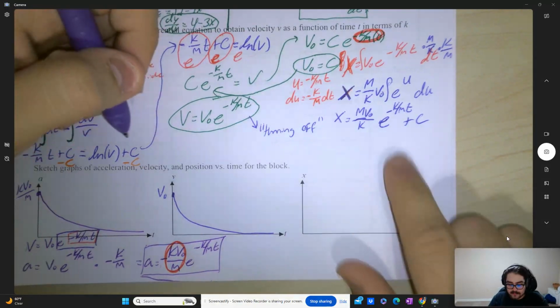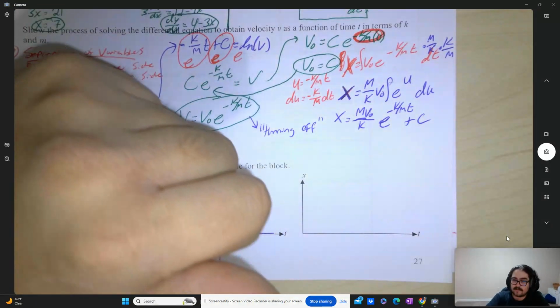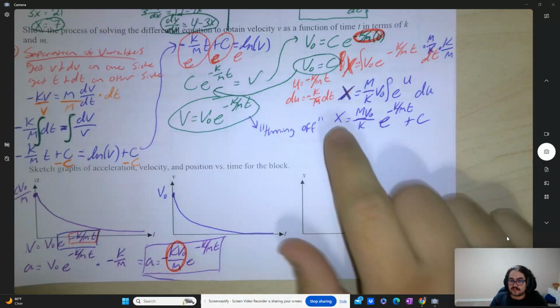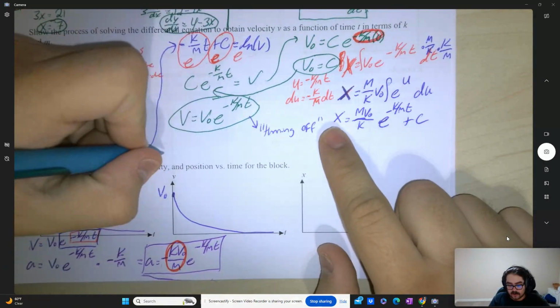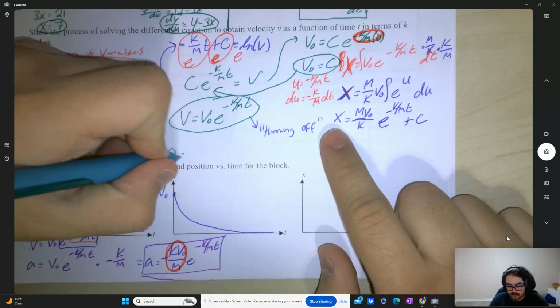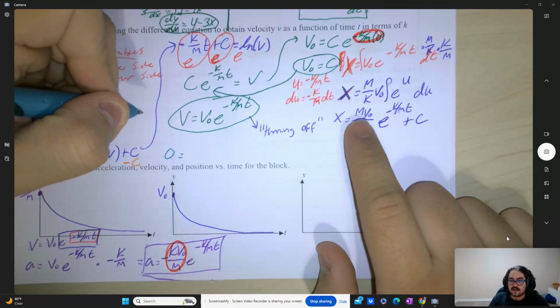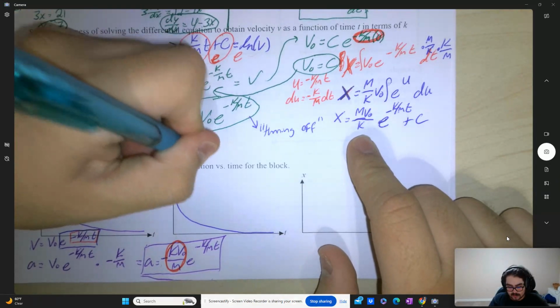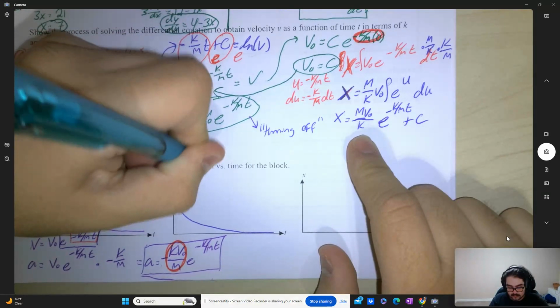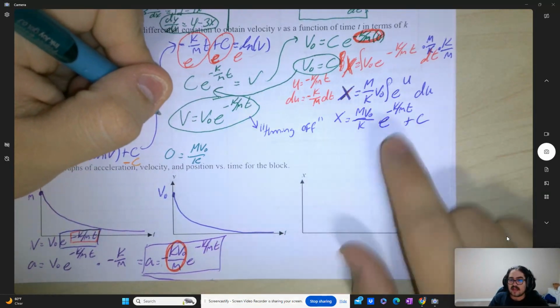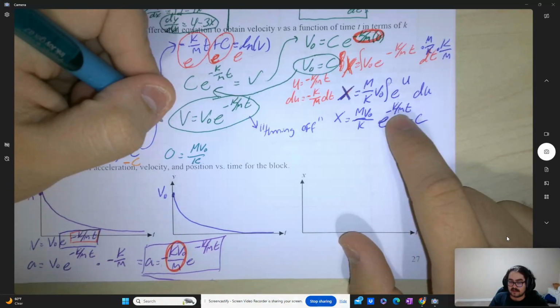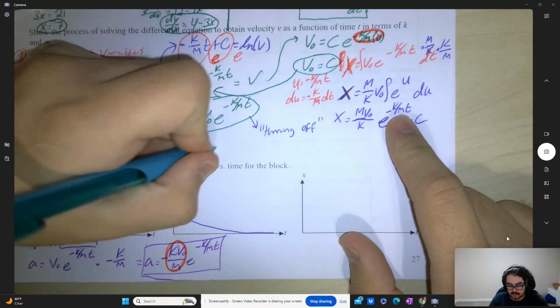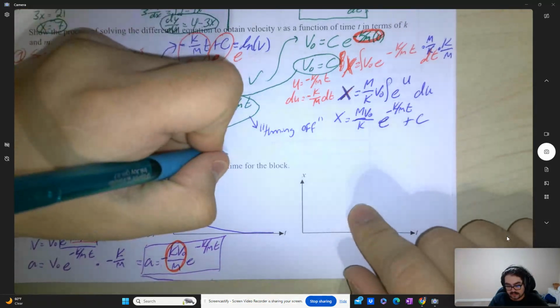To figure out what the plus c is, what you have to do is plug in your initial conditions. Initial conditions say that our initial position should be 0. mv naught over k is just a constant, so we'll leave that there. Time is going to be 0, so the whole exponential ends up being 1, plus c.